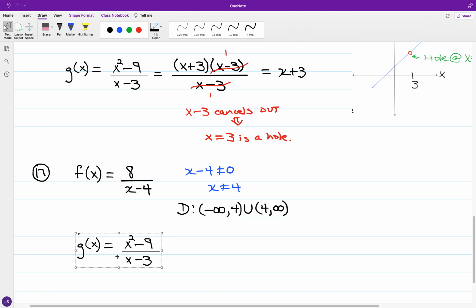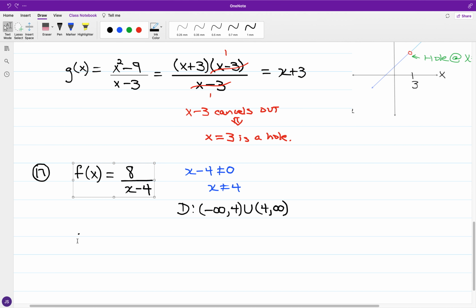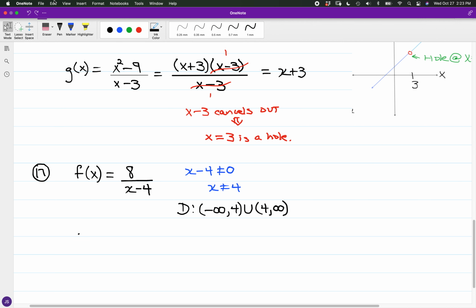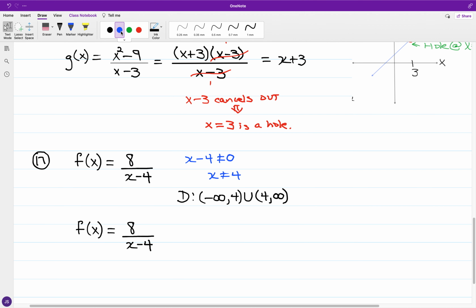Now 8 over x minus 4, that function is already simplified, or already in simplest form.